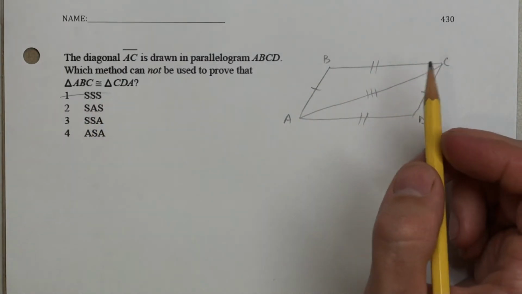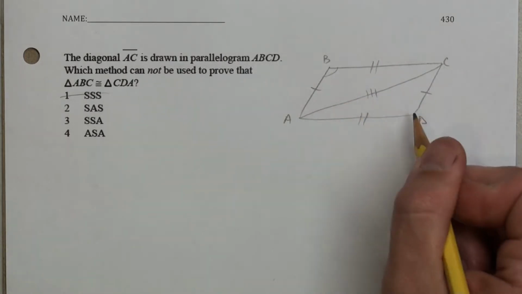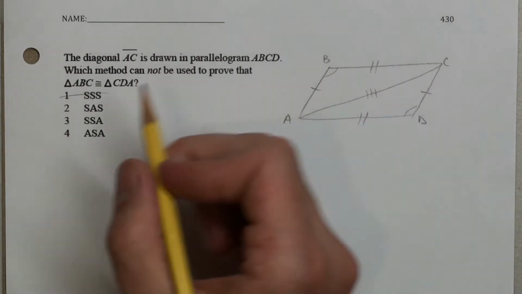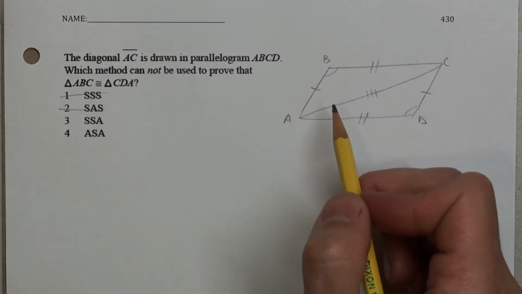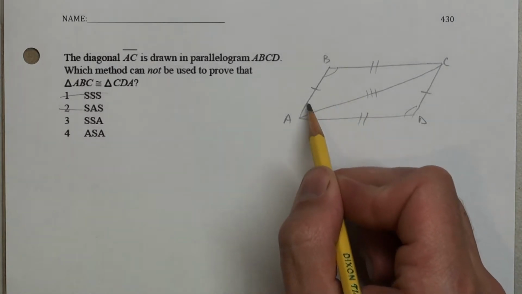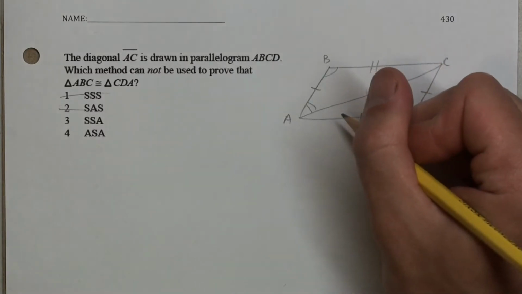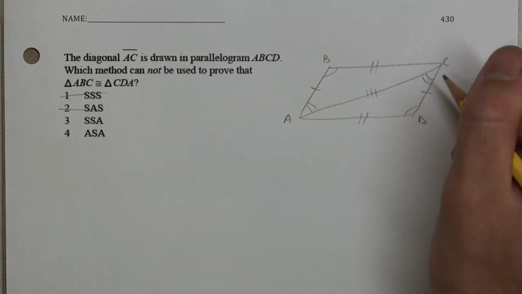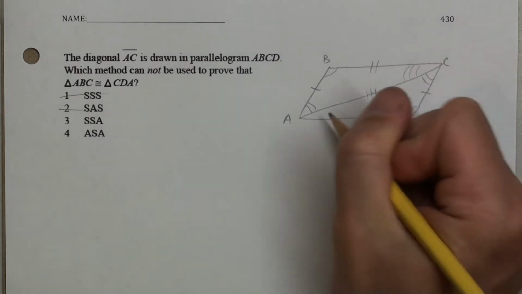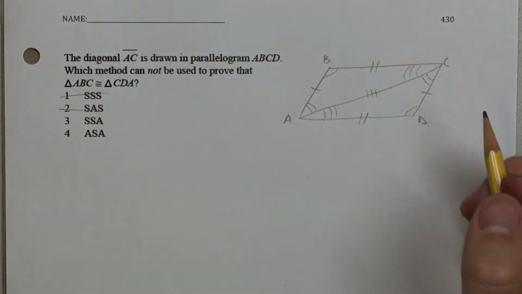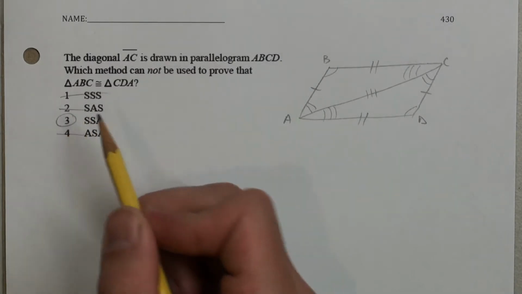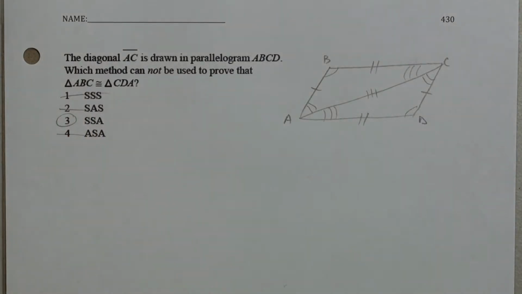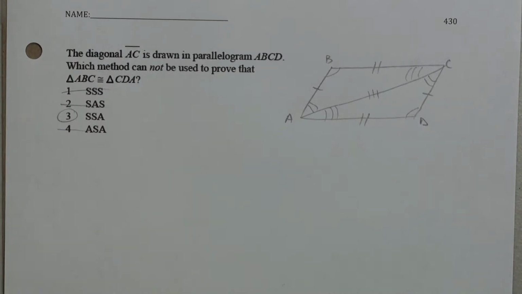So it's not that one. We also know that these angles are congruent, so side angle side works. Angle side angle would also work because we know that this angle and this angle and this angle and this angle are the same also. And SSA doesn't even work. It's not even a valid method for proving triangles congruent.